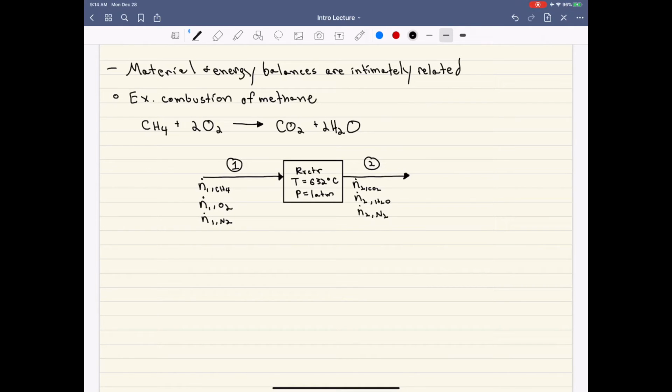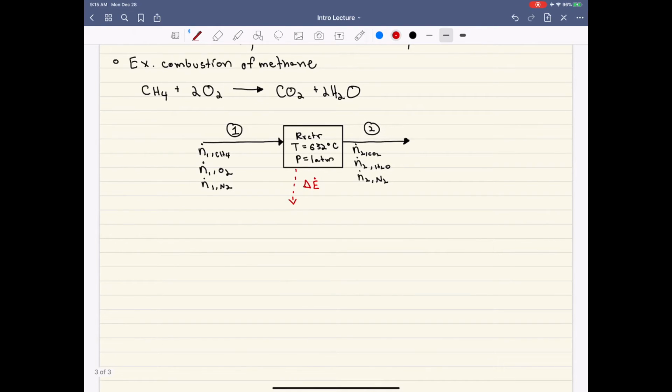Okay? All right, but as I mentioned before, with combustion reactions, usually we don't really prioritize the actual chemical species that are coming out. Right? That's not our main goal. Our main goal is to harness this reaction so that it produces energy. Okay? So, with this reaction, it's an exothermic reaction.